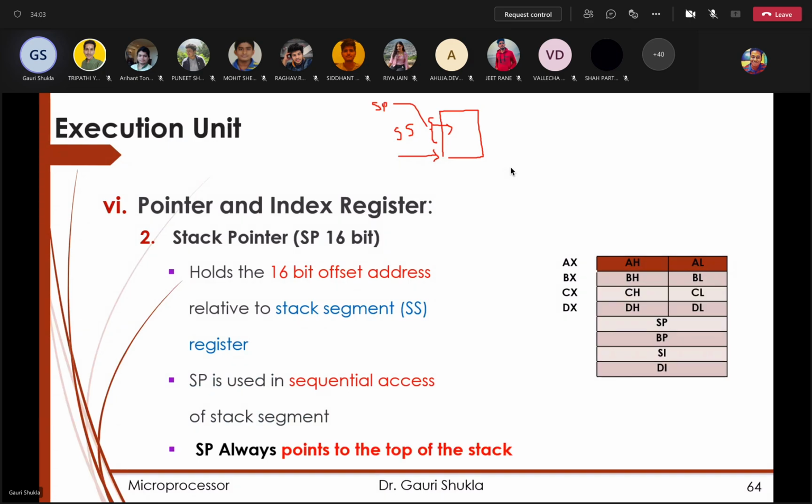SP always points to the top of the stack. Clear? It is used for sequential access of the stack, not random access.